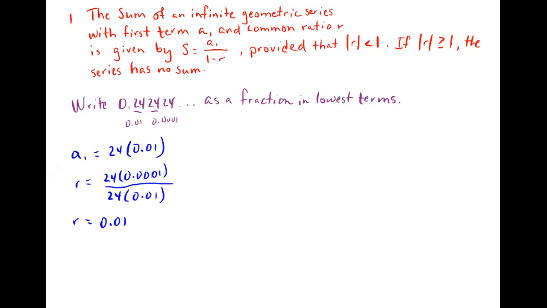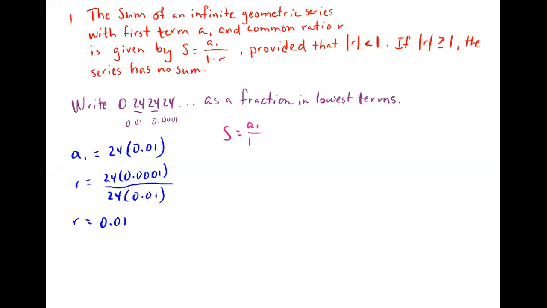The last thing we really need to do is plug it into our formula and find out what this fraction is in lowest terms. We are not going to turn it into a decimal, we're just going to reduce the fraction. Here's my formula: S is equal to a subscript 1 divided by 1 minus r.